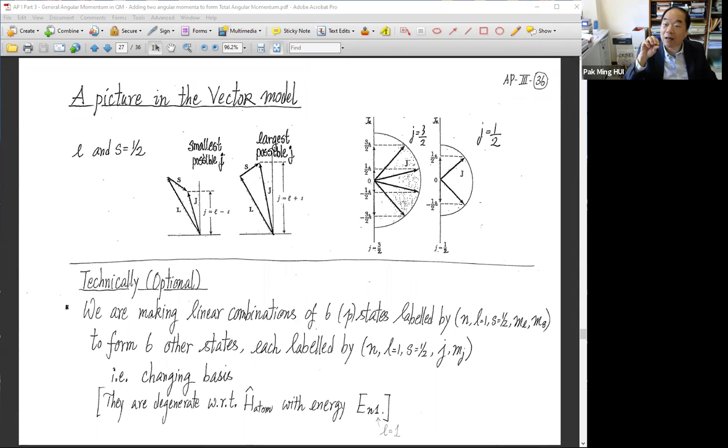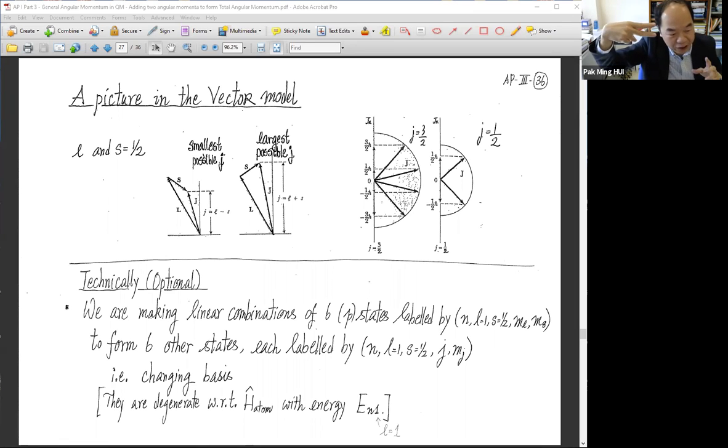This will introduce one new term into the Hamiltonian for the hydrogen problem. Since L and S are coupled, we better describe the state, the P state, by J. We know that there's J 3/2 and J half for the six states. They split into 4 and 2, 4 states and 2 states.